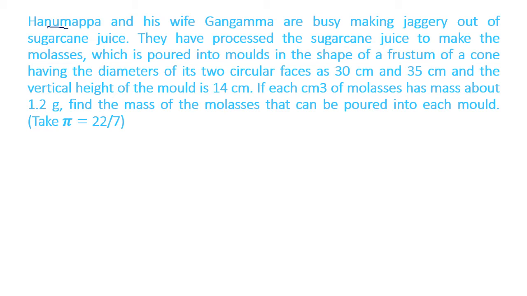Okay, so Hanumappa and his wife Gangamma are busy making jaggery out of sugarcane juice. They have processed the sugarcane juice to make the molasses, which is poured into molds in the shape of a frustum.